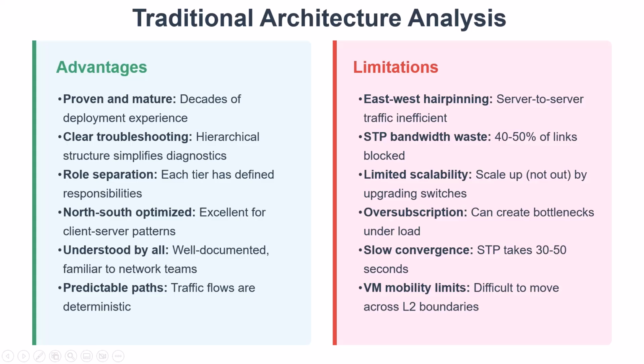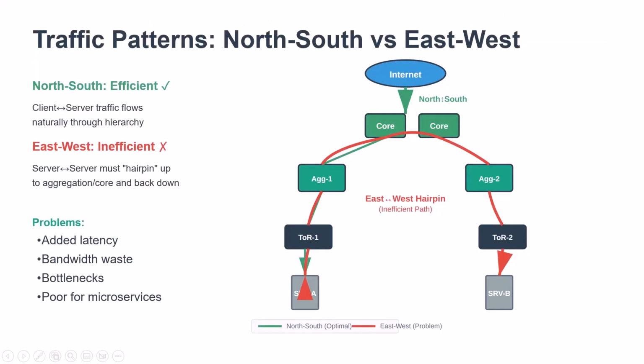Oversubscription challenges can create bottlenecks as server densities increase. VM mobility constraints, since moving VMs across layer 2 boundaries is difficult. These limitations became significant as applications evolved toward microservices architectures, where server-to-server traffic, east-west traffic, became dominant.